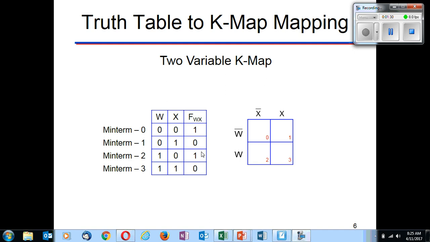Now I'm going to go ahead and map out the rest of my minterms. I can look at this one. This one has a 0, and the coordinate is not W, X. That would be this box, not W, X, right here. So I put a 0 here.